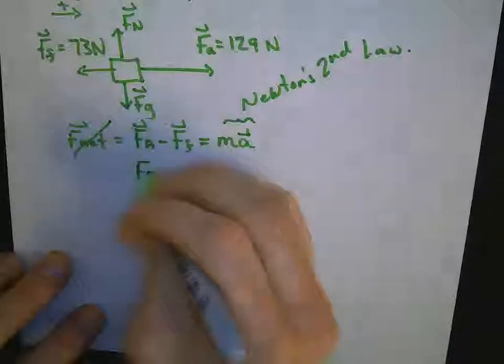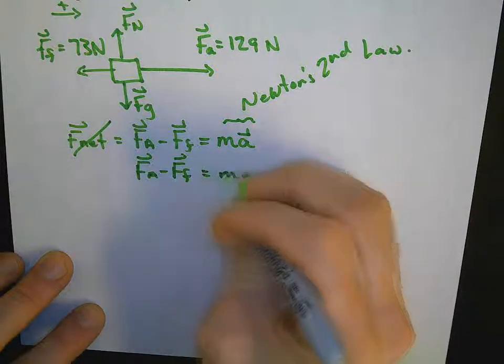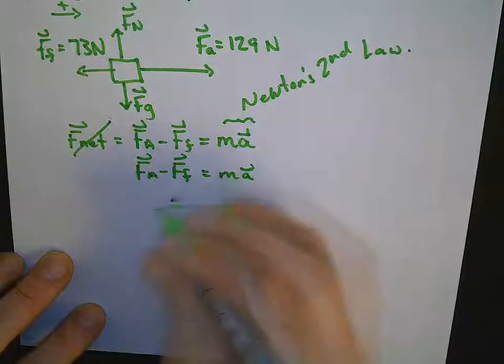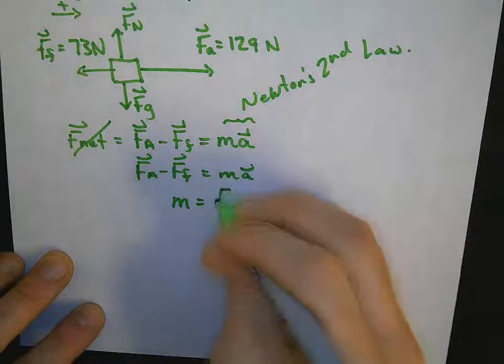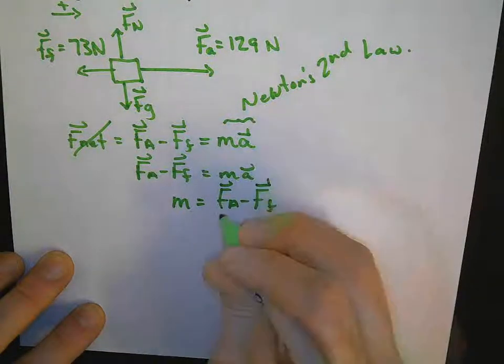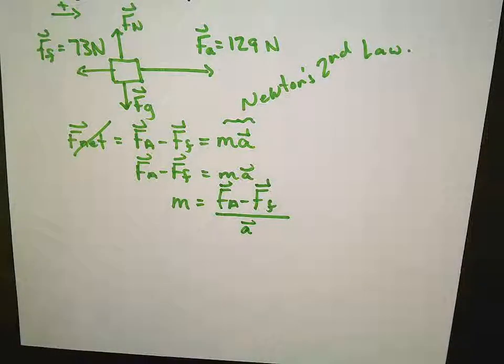So FA minus FF is mass times acceleration, and we're looking to calculate the mass. Simple solving equation, we'll subtract our force applied and our force of friction and divide by our acceleration in this case.